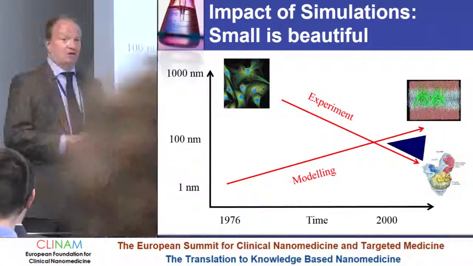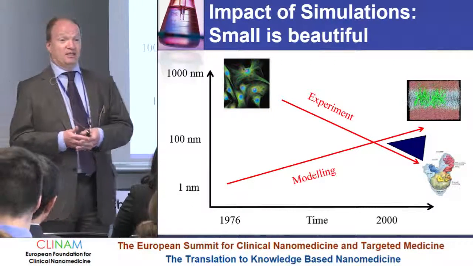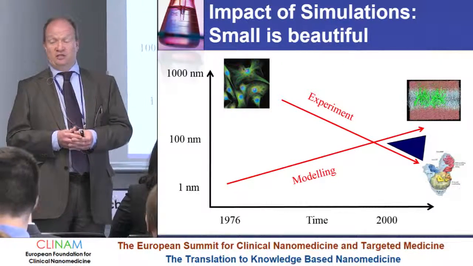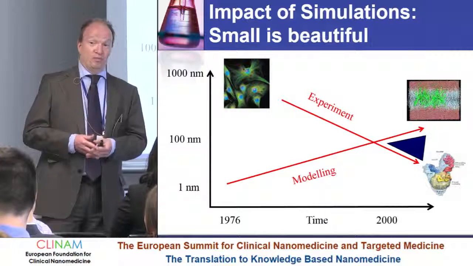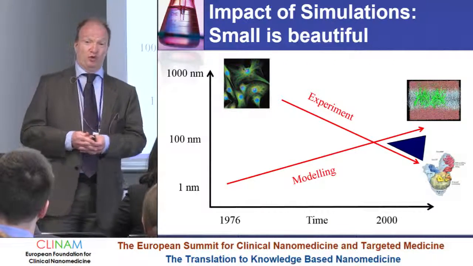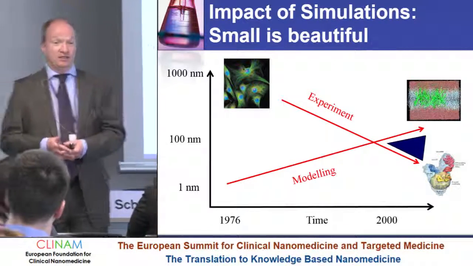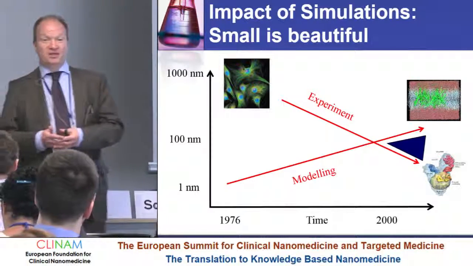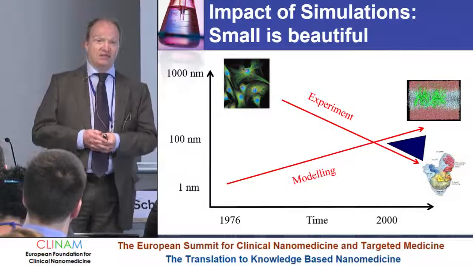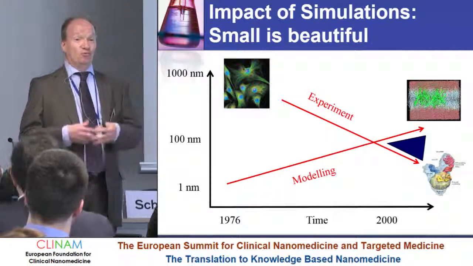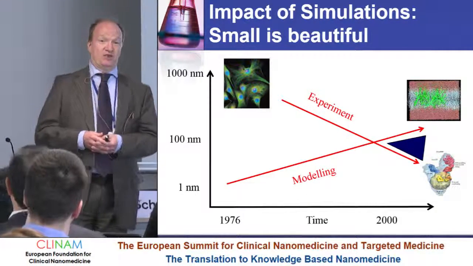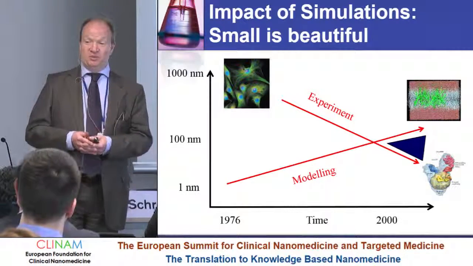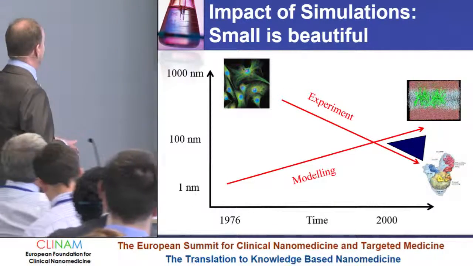And on the other side, the things that people have been interested in medicine, and in particular in nanomedicine, have gotten smaller and smaller. And so if you have these two trends, then it is just a question of time when these two lines that are schematically illustrated here intersect. And at this point, a new methodology starts to have some impact in this field, in this case, nanomedicine.